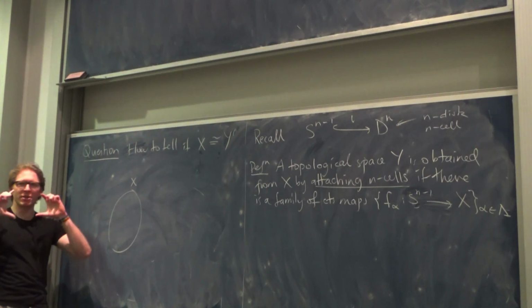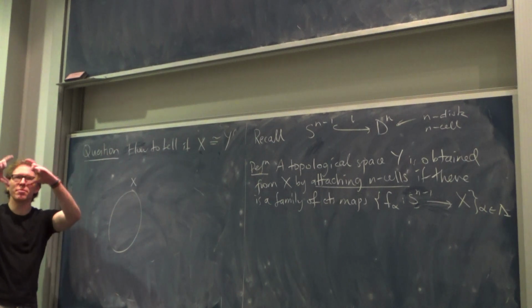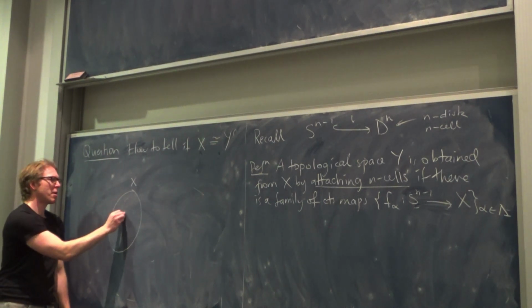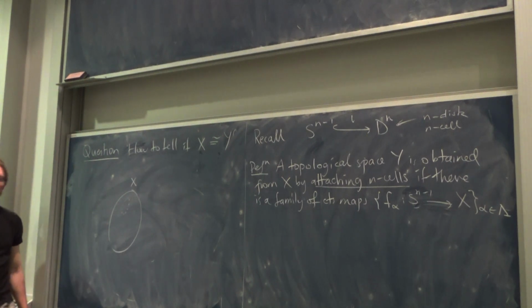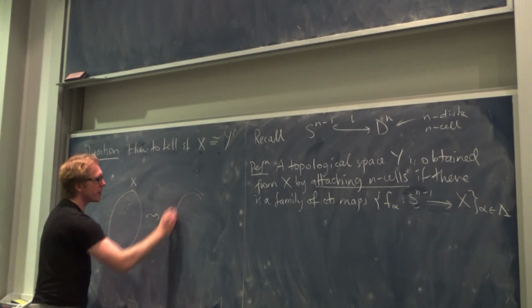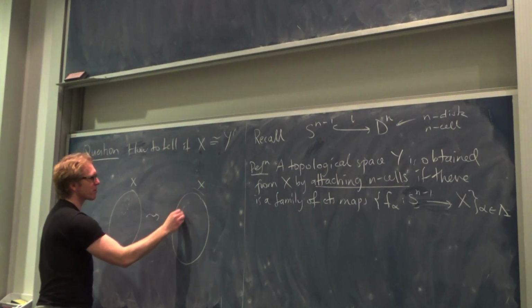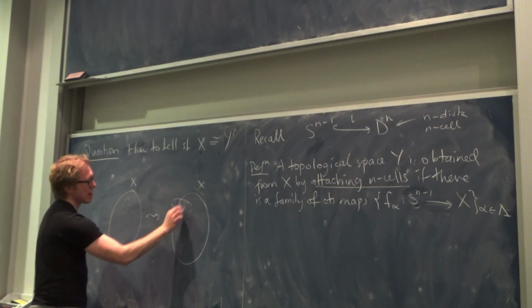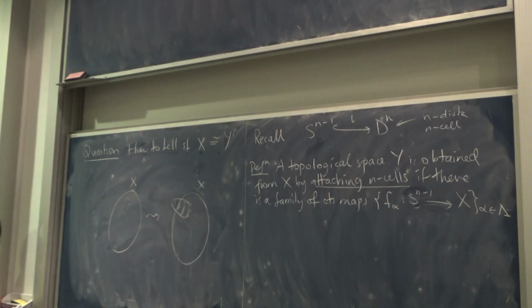Suppose I want to attach a disk to X. So think about taking the boundary of the disk and gluing it into X somewhere, right? So there's maybe where I'm going to glue it onto, and the result of that gluing will be X with some extra sort of appendage. Right? That's the result of taking a disk and gluing it into X.